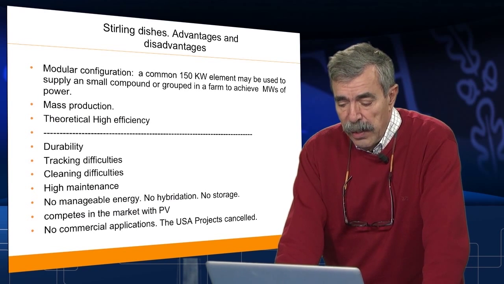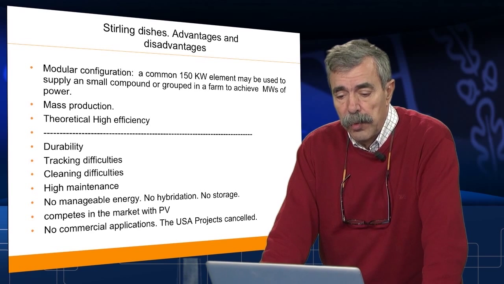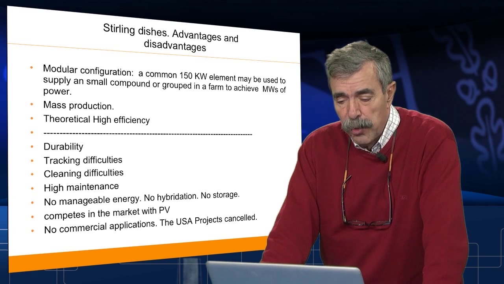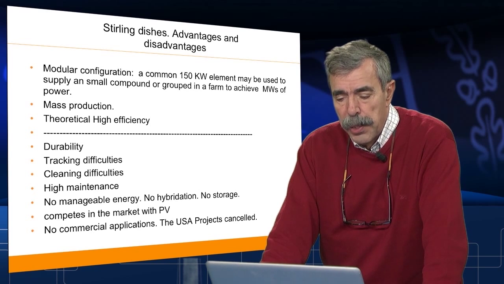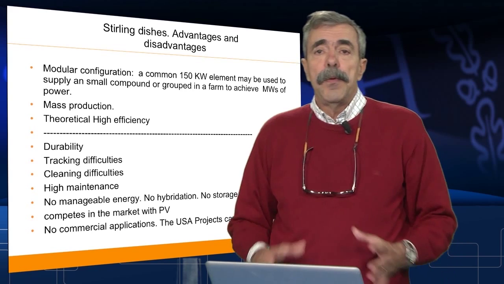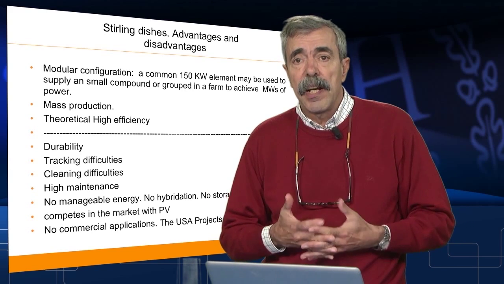To me, even when there are some technical difficulties like the tracking difficulty, the cleaning difficulty, or the high maintenance of the system, the worst thing about that system is that you are not producing a manageable energy, meaning that you only produce electricity when the radiation is very high.